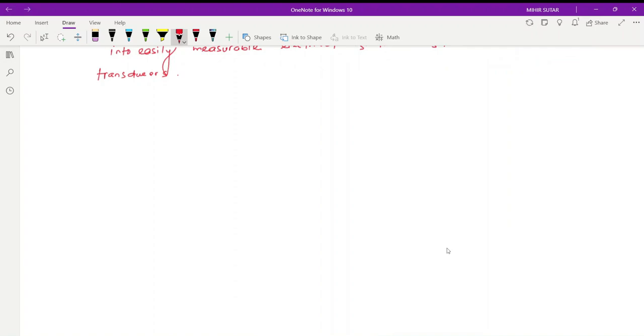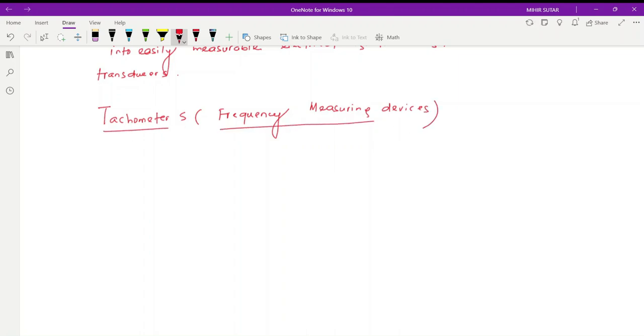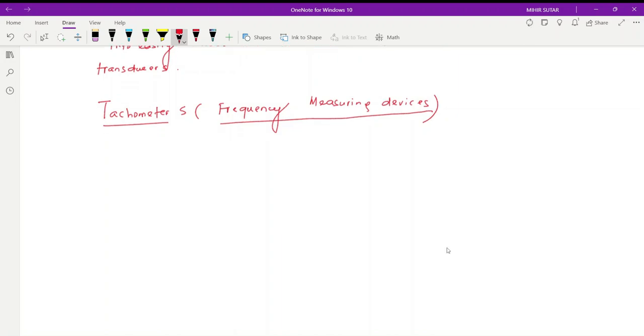Now I'll discuss tachometers. Tachometers, known as frequency measuring devices.